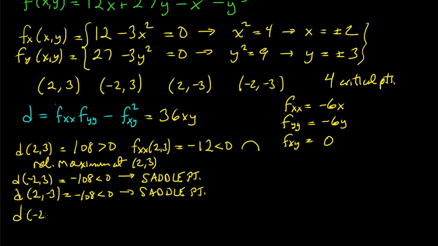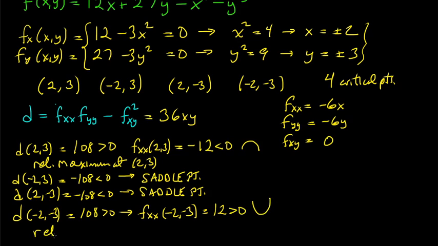And finally, when they're both negative, D is again positive 108. So plugging into the second derivative at negative 2, negative 3, we're just going to get negative 6 times negative 2, which is positive 12. And a positive second derivative means it's concave up.